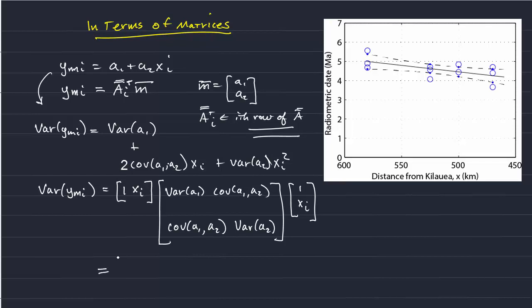And in matrix form, that becomes the ith row of A. We denoted that as A transpose sub i.